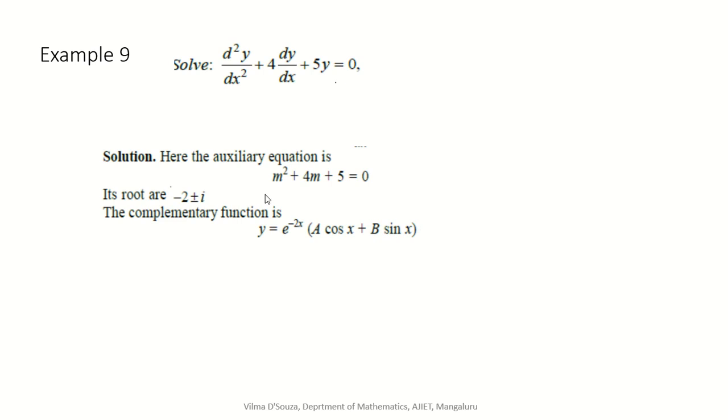Y is equal to e power ax into c1 cos bx plus c2 sin bx. So here y is equal to e power minus 2x into c1 cos x plus c2 sin x, since b is 1.